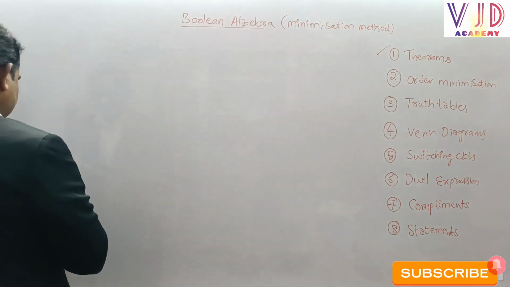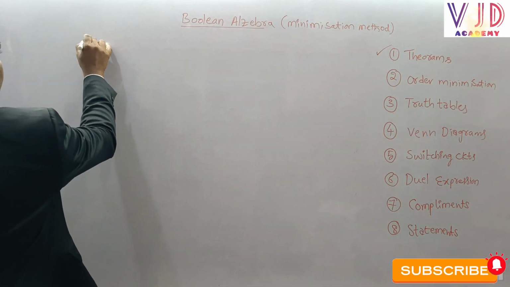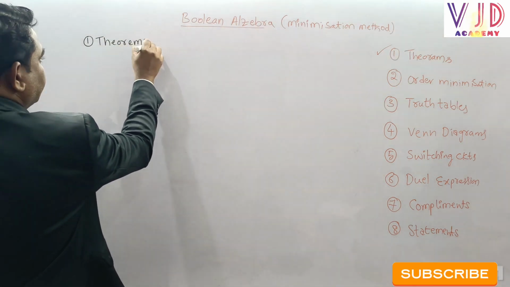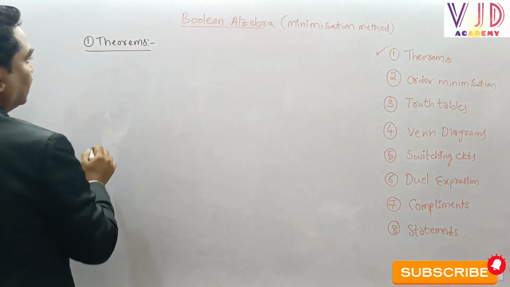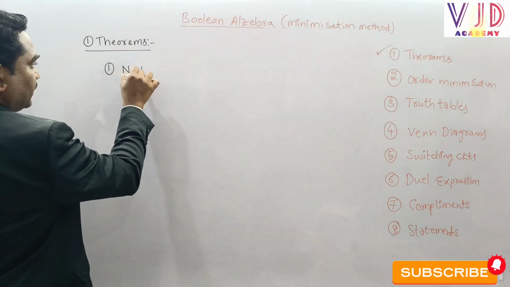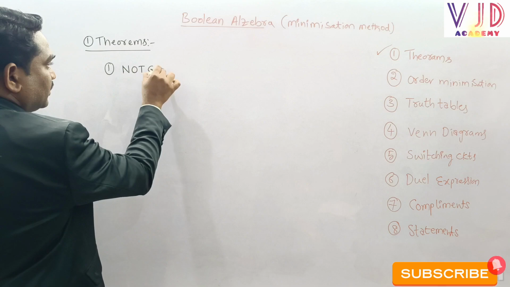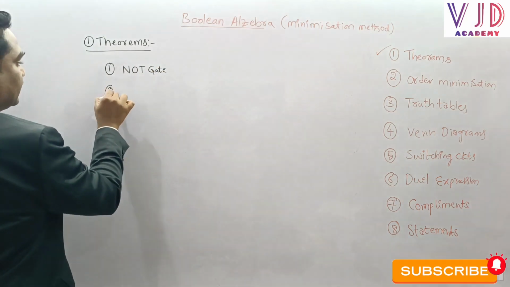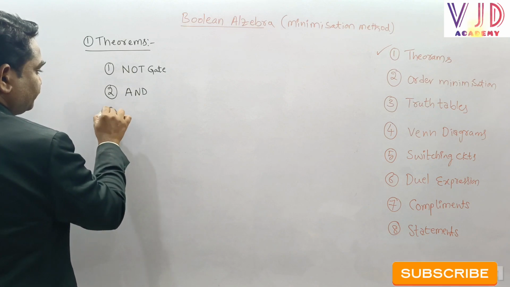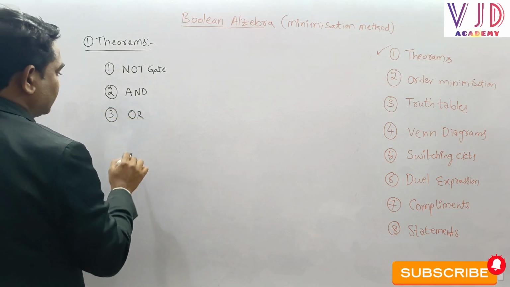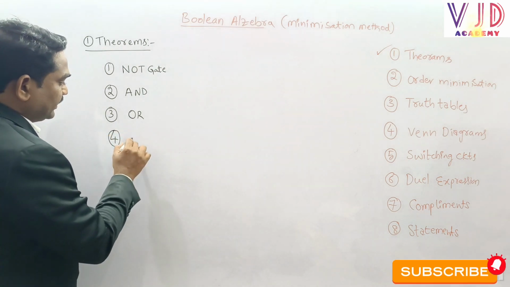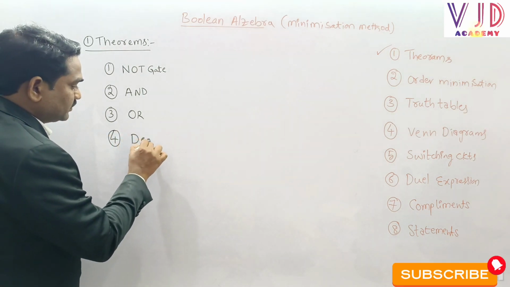The first theorem is the NOT gate theorem, the second is the AND gate theorem, the third is the OR gate theorem, and the fourth is De Morgan's theorem.